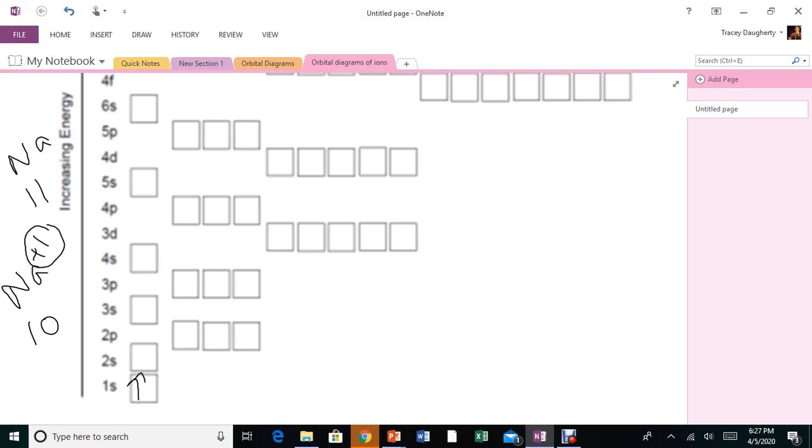We have 1 electron in the 1s, the second electron a down arrow in the 1s. 2s fills the same way.